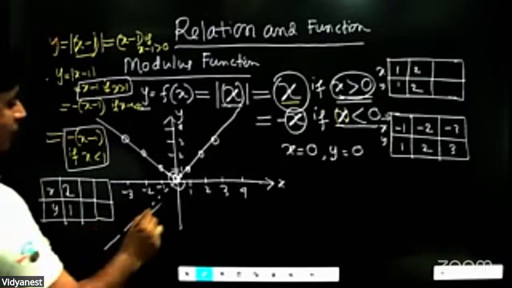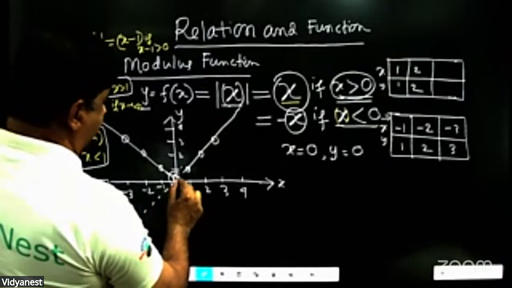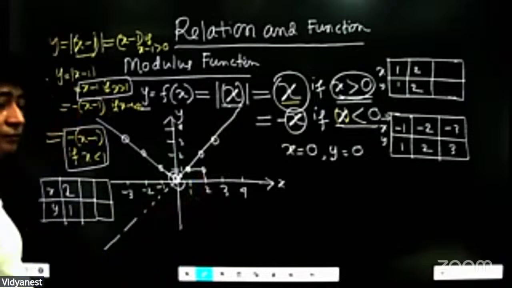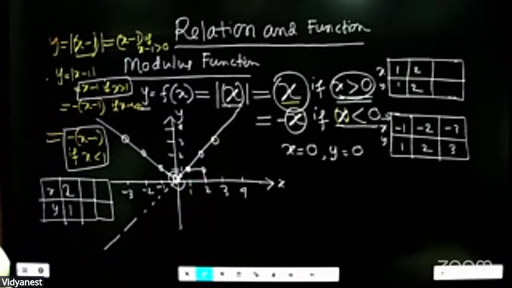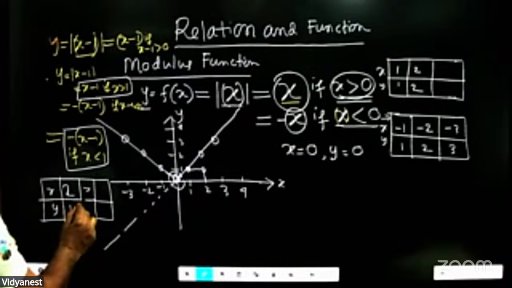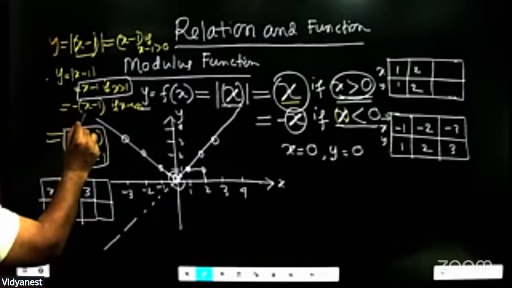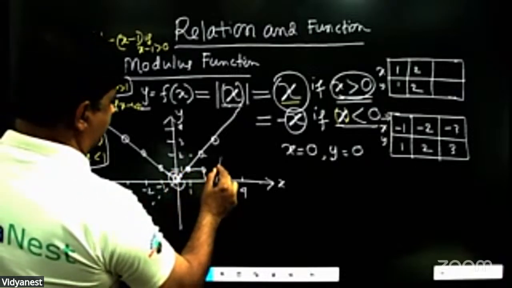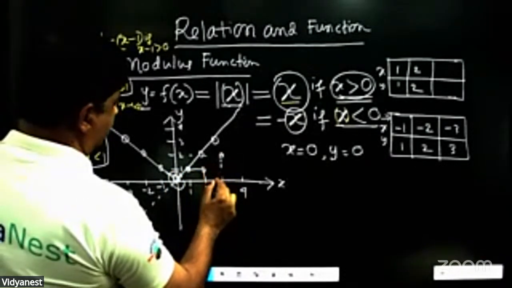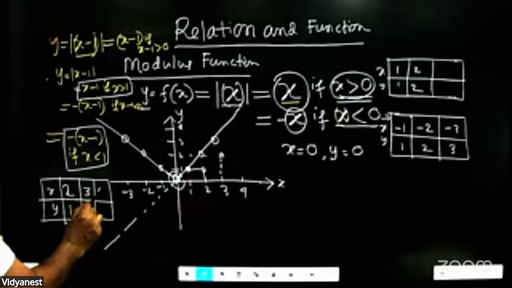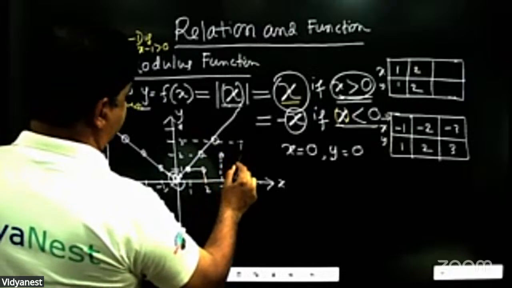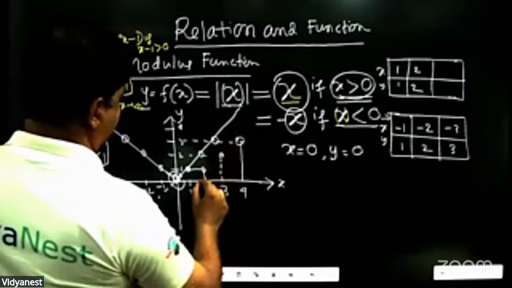So there will be a point 2 comma 1. Now, if I put 3, 3 minus 1, 2. Point 3 comma 2. And if I put 4, then 3. Join.